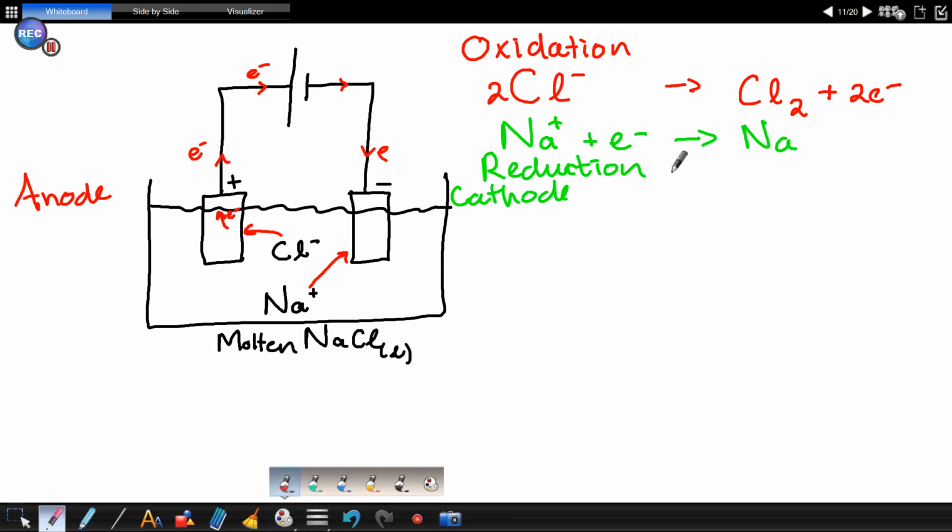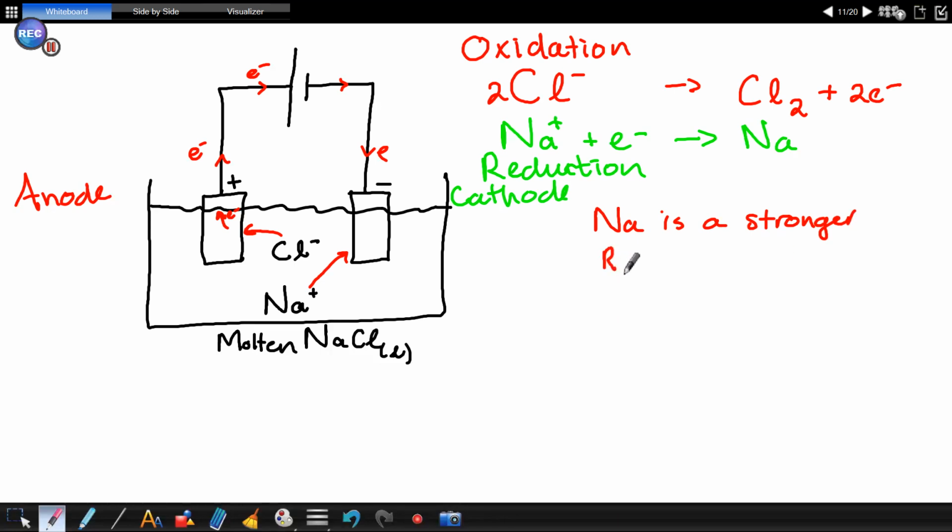Let's find these on the table of reduction potentials. Can you see the reason for this to be an electrolytic cell needing that battery is that sodium is a stronger reducing agent than what? Chloride ions.